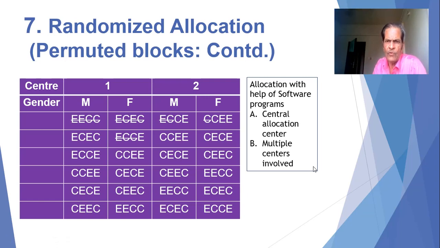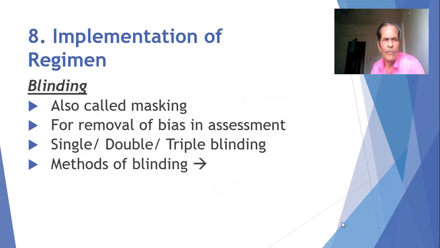If it is a large trial involving many centers, many countries, with many options such as study group 1 and study group 2, and many groups like males and females and different age groups, then it is better to take the advice of software personnel and prepare a software program for the allocation.